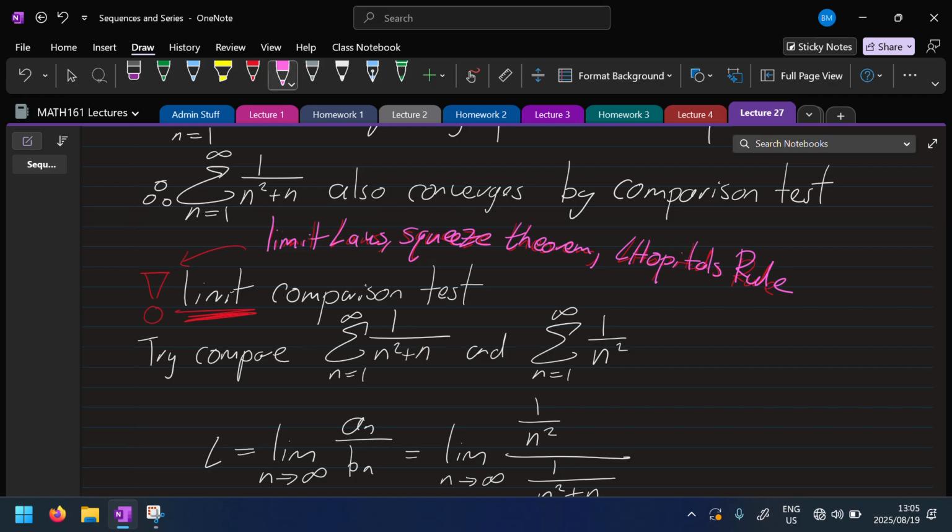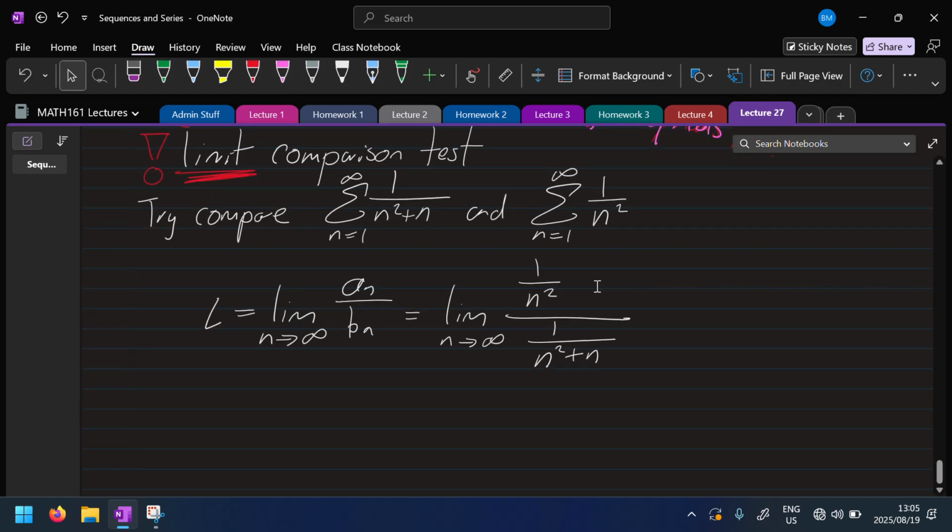Okay. You can see the pink there. So those things are important. Whenever you have limits, so the limit comparison test, the root test, the ratio test, anything with a limit, you might need to know L'Hopital's rule and all that other stuff. In this case, it's not so bad, but it can be bad.